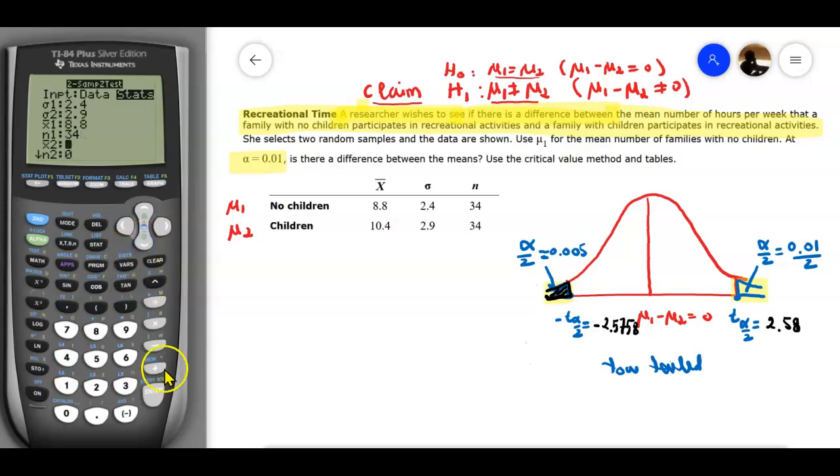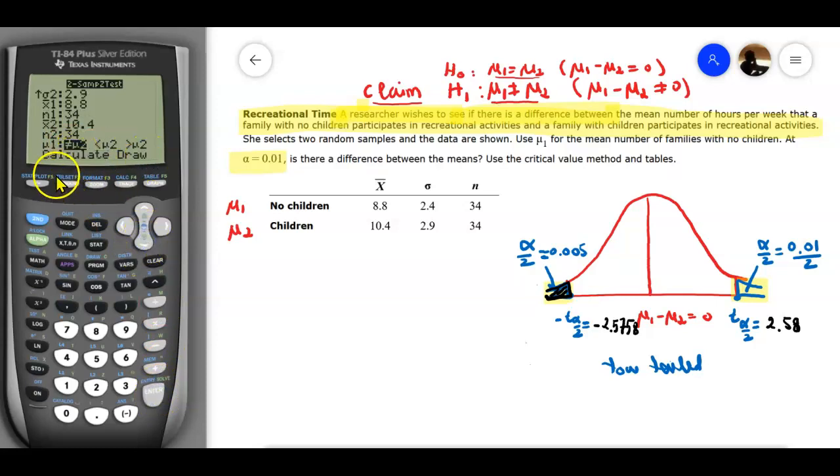And right now x2 is 10.4, n2 is 34, and now I have to tell whether it's a two tail or one tail, so left right, but I have here mu1 is different than mu2, so that's what I'm having. Enter, and I think that's it.